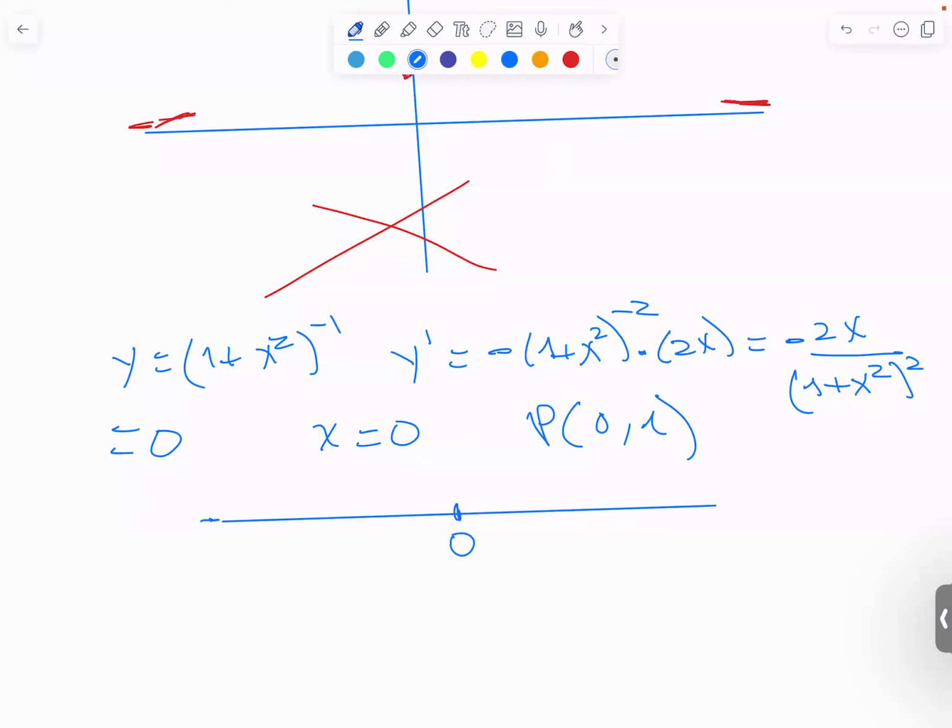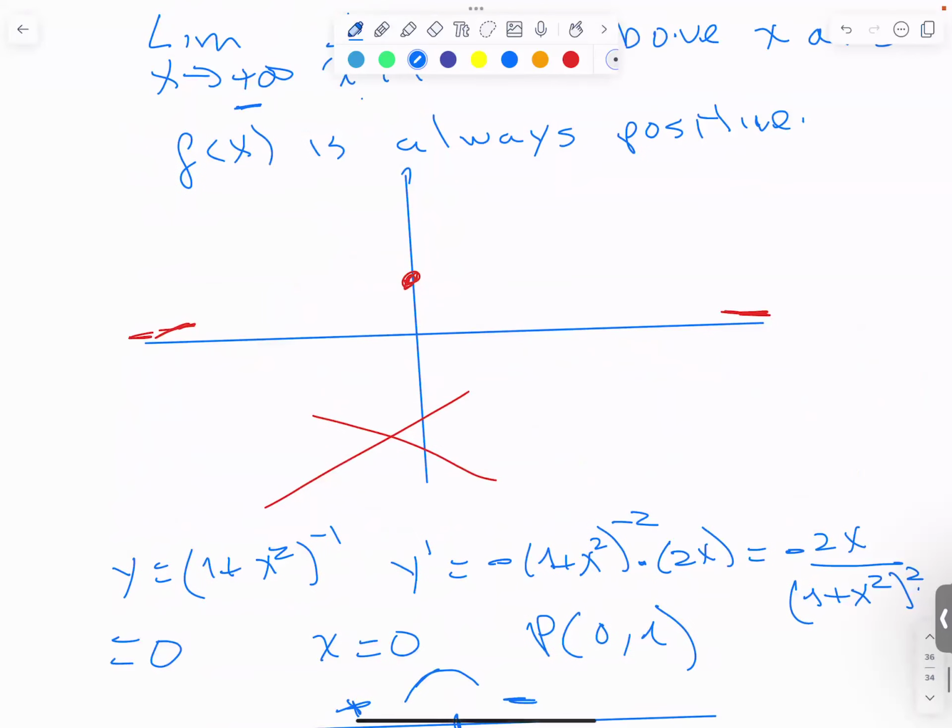If we pick a negative number in the first derivative, negative 1 for example, times negative 2 is positive. The bottom is always positive, so the answer is going to be positive here. And if you pick a number to the right of 0, say 1, you get negative. And you have a local maximum because it changes from increasing to decreasing. Now we know that this is a local maximum.